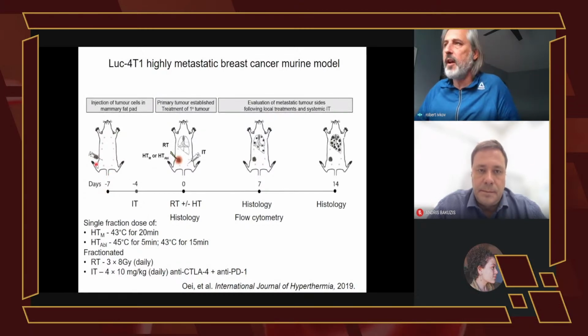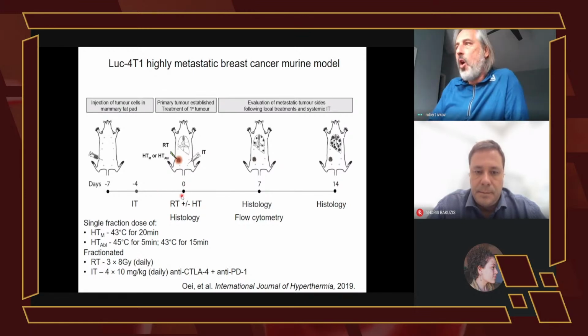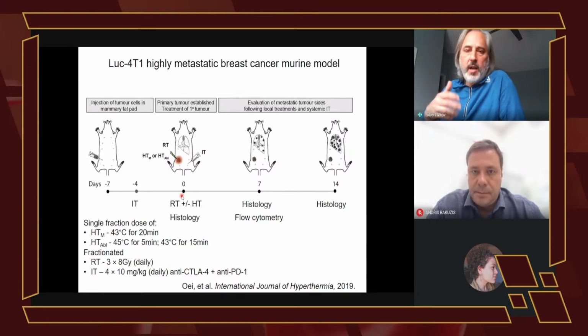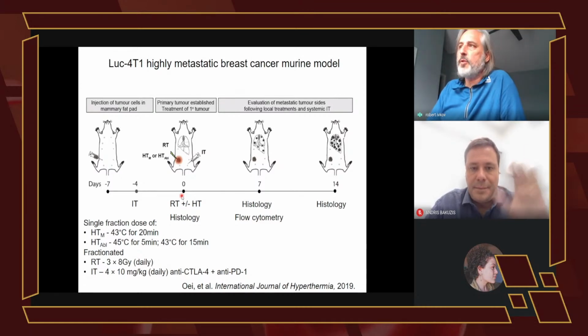A certain number of cells was implanted into the mammary gland of the mice. Then at day 0, which was a timed point, all mice were randomly assigned to one of the groups and received either no treatment, surgical resection, or one of these treatments.